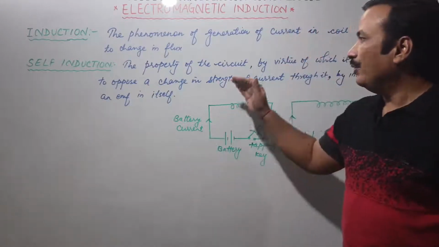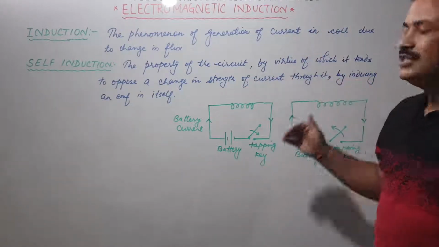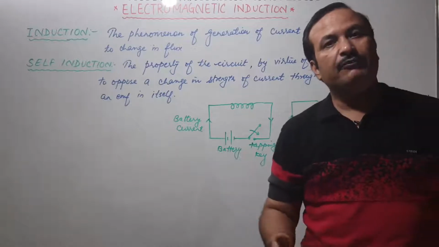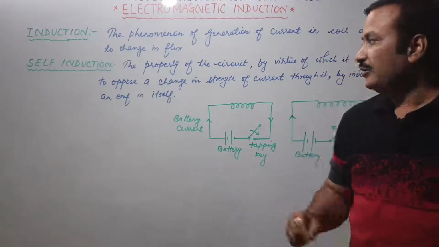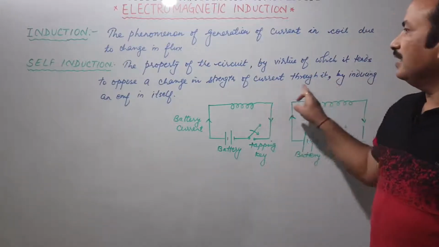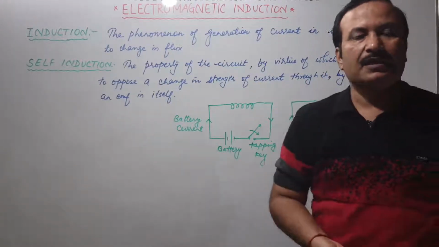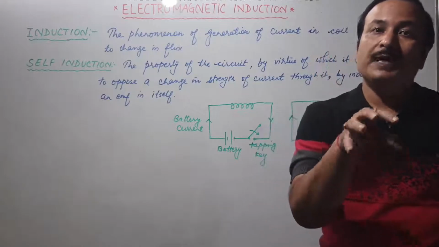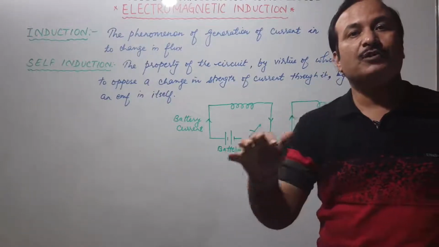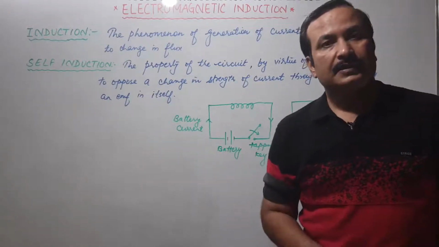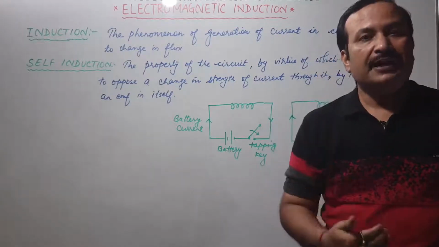That means whenever there is change in the magnetic flux, current will be induced, but it will be such that the EMF will be induced in itself. उसी में ही EMF induced होगा, which will be opposing the current, strength of the current in the circuit, right? That is called self-induction.